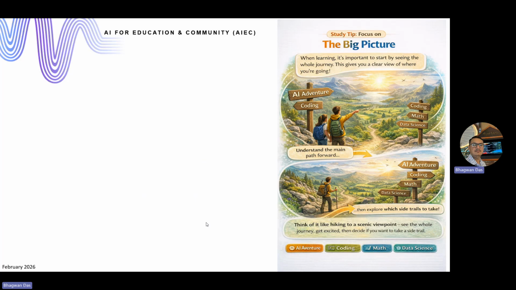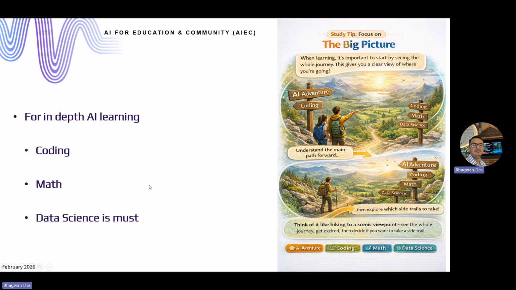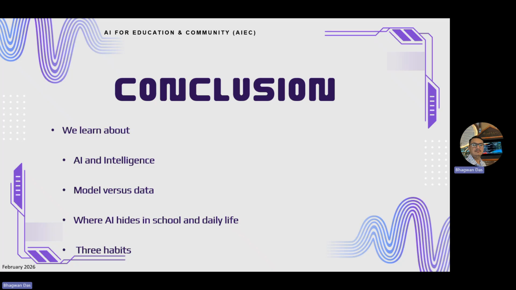However, if you really want to explore your journey into AI in depth, coding, maths, and data science are a must at the advanced level, not at the beginning level. For year 7 to year 12, or if you are really new to this, you can work around without coding, without maths, and with different data science concepts.